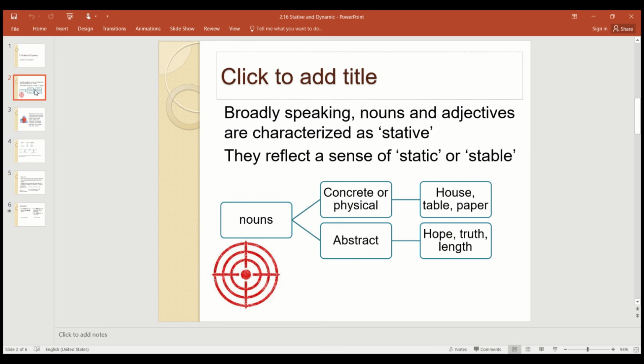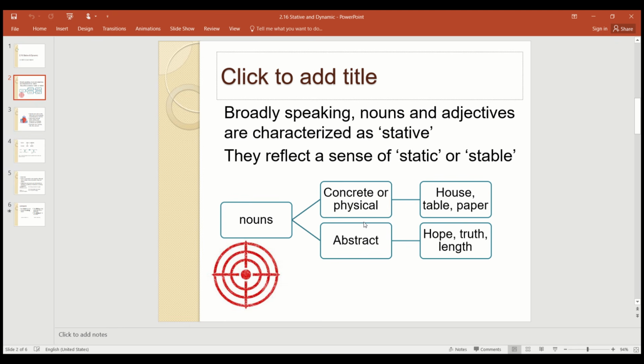Generally speaking, nouns and adjectives are stative. They give a static sense. Nouns are usually used to label things, to name things, while adjectives are used to describe things. So in both cases, to name things or to describe things, it reflects a sense of something static or stable. Nouns could be either concrete or abstract.